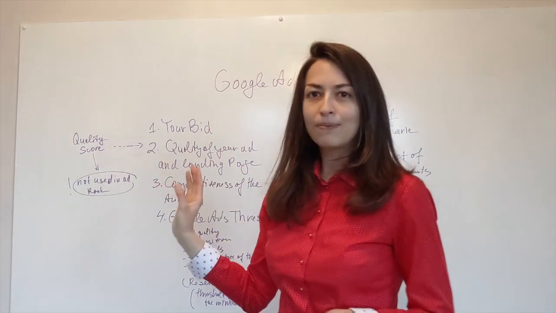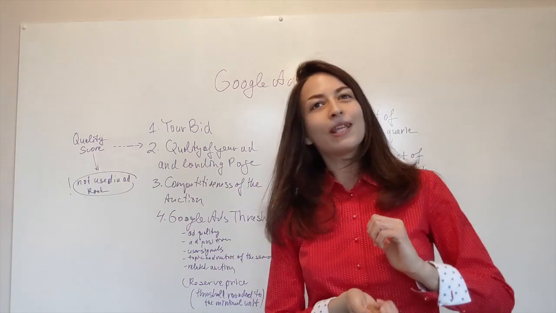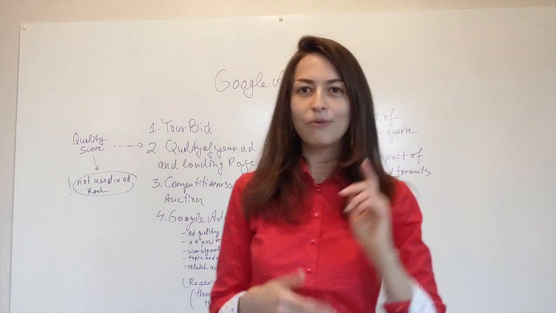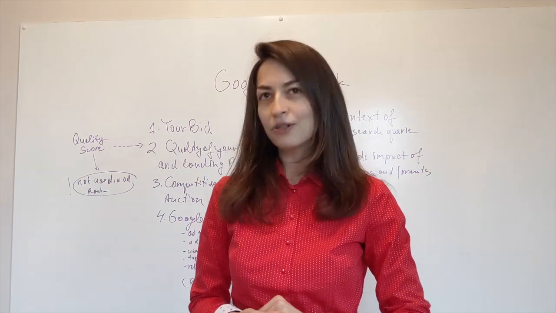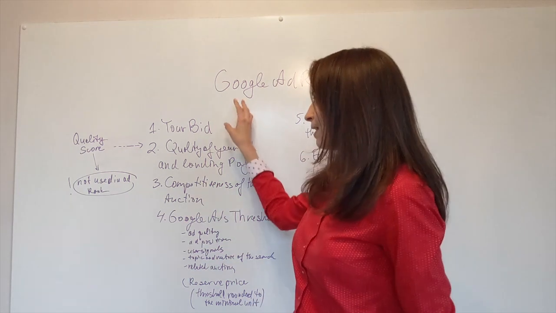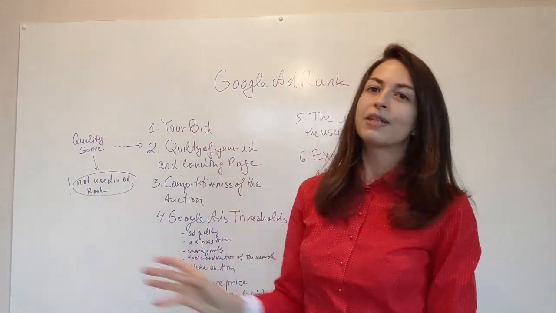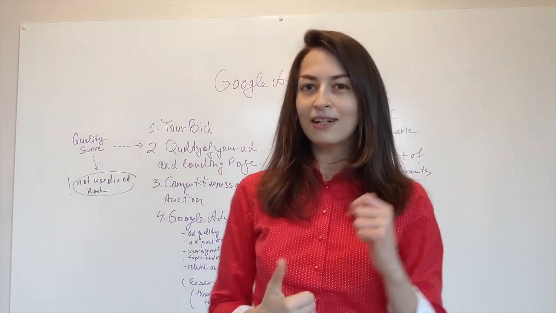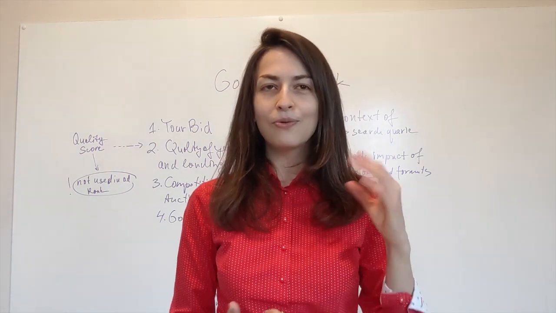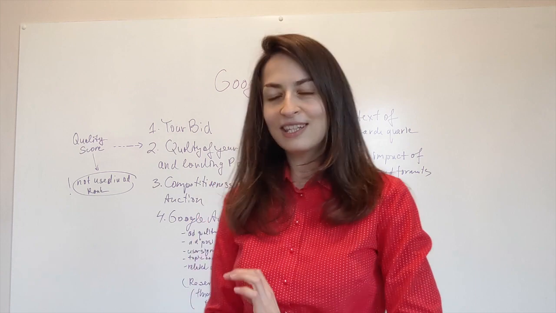Some advertisers can bid quite aggressively depending on their return on investment. If you want to check what your ideal cost per click would be, you can watch my other video. The bid is the first starting factor, but it's not the last one, and there are a lot of other things that determine who wins the auction, who is in the top position, the second one, and so on.